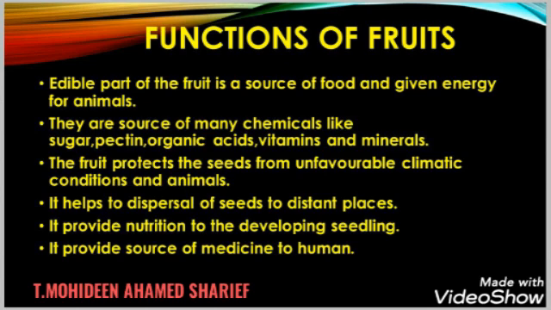Types of seed. Do seeds germinate as soon as they are dispersed? Based on the number of cotyledons present, two types of seeds are recognized. One is dicotyledonous seed, seed with two cotyledons. Monocotyledonous seed, seed with one cotyledon.